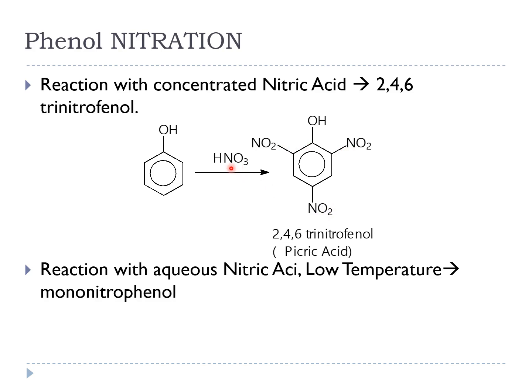Okay, remember phenol having hydroxyl group will produce the product in ortho and para position. But in nitration with concentrated nitric acid, all the possible ortho, this is the ortho position, this also ortho position, will be filled with nitro group, even in para position.